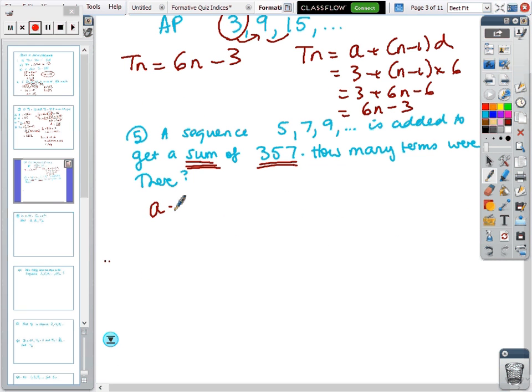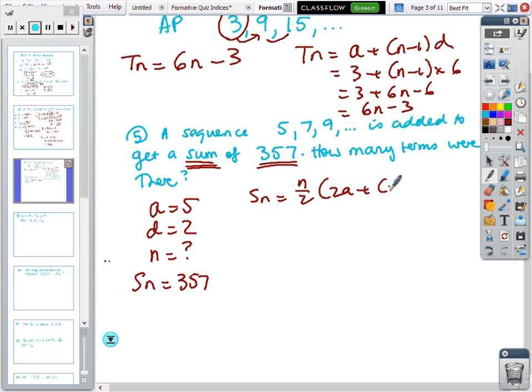Okay, A is 5, D is 2, n is question mark, Sn equals 357. So we've got Sn equals n on 2, 2a plus n minus 1 d. So 357 equals n on 2, 2a is 10, plus n minus 1 times d is 2.